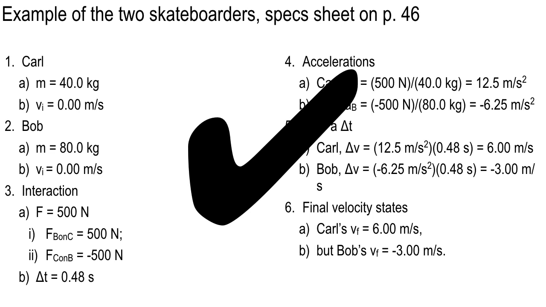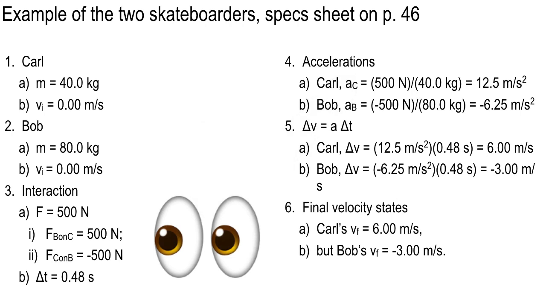Now, in this, I want to draw your attention, your googly eyes, to a pair of quantities that are equal size for both. One of them is the interaction time, the contact time. Because as soon as they break contact, they're no longer interacting, right? So if one guy's in contact for 0.48, so is the other guy.